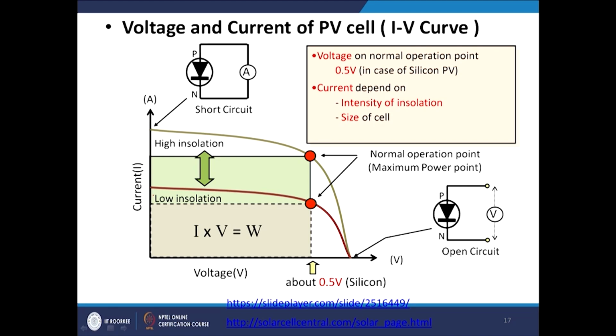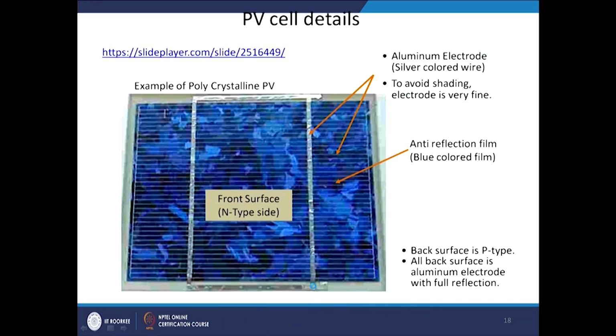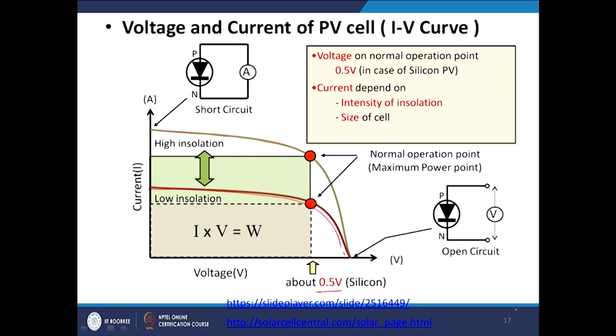Now we see the volt and current which can be achieved in the PV cell. This is the graph people have reported for low insolation, and for high insolation. 0.5 volt is available from a single silicon photovoltaic cell, and the intensity of insolation and the size of the cell also influence the voltage generated.